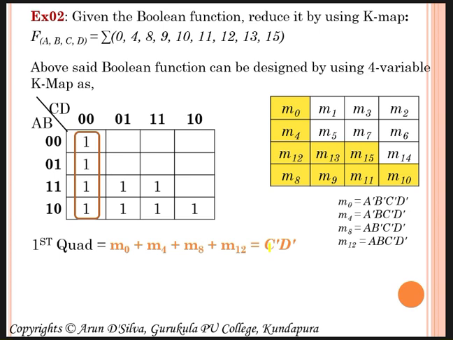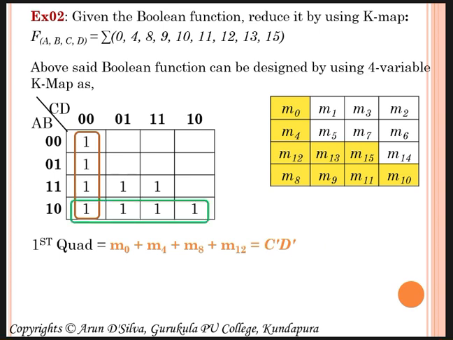So we take C dash and D dash. Next we identify one more quad, shown in the green color rectangle. Now here we list M8, M9, M10, M11 minterms. Now how do we get AB dash? Similarly, just now I said all these minterms lie in the fourth row itself.